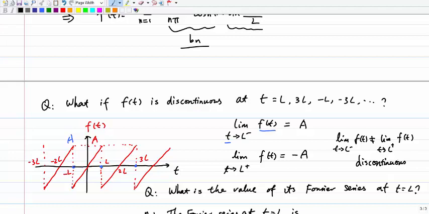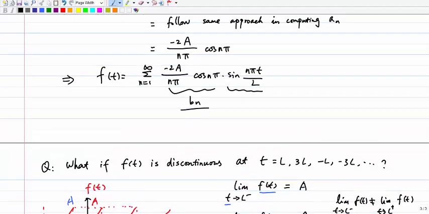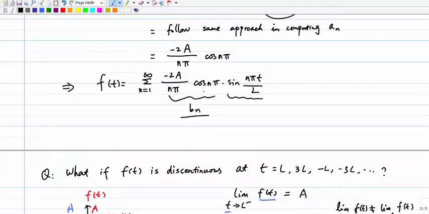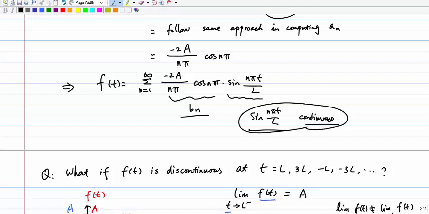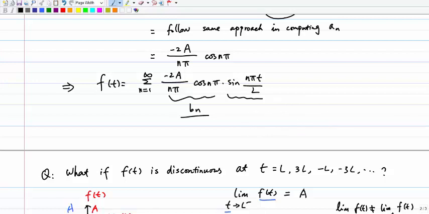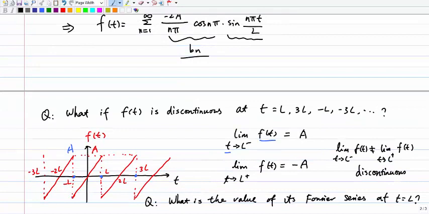The problem is, this sine function, sine n pi t over L, no matter what n we have, is always continuous, right? So you only get one value here. Should it equal A, or negative A, or some other value?